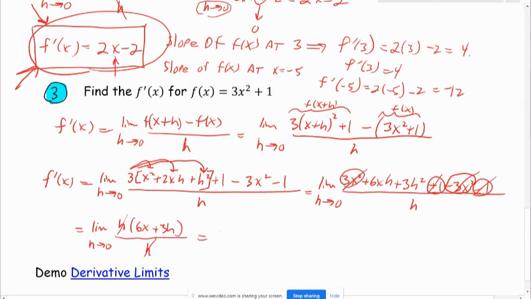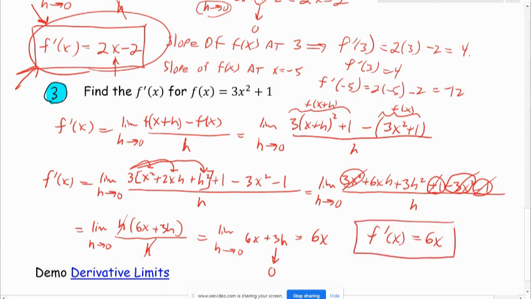The h's cancel. And since h is approaching 0, this piece is approaching 0, we just get 6x. So that means our derivative function is simply 6x.